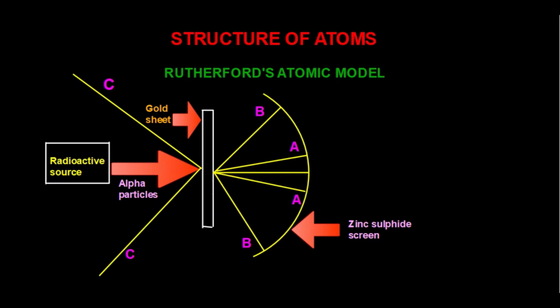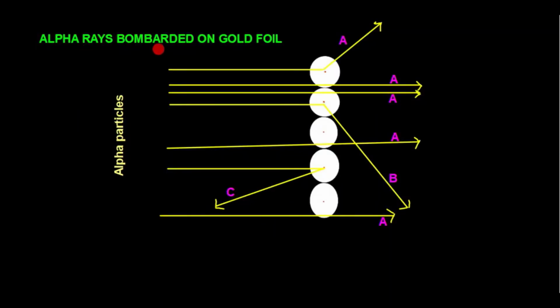Now we will see alpha rays bombarded on gold foil. Since the majority of the alpha particles passed straight through the gold foil undeflected, it means most of the space occupied by an atom must be empty.